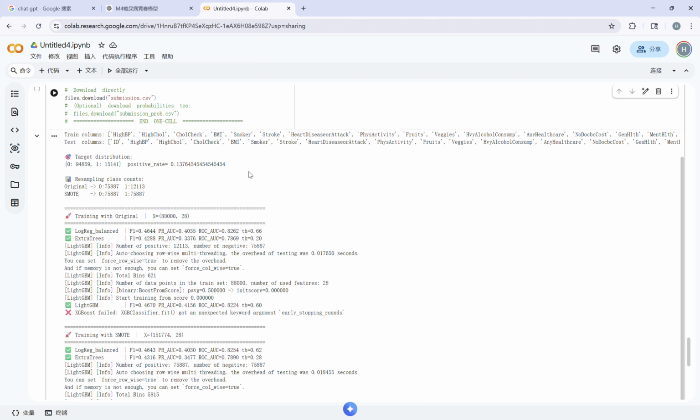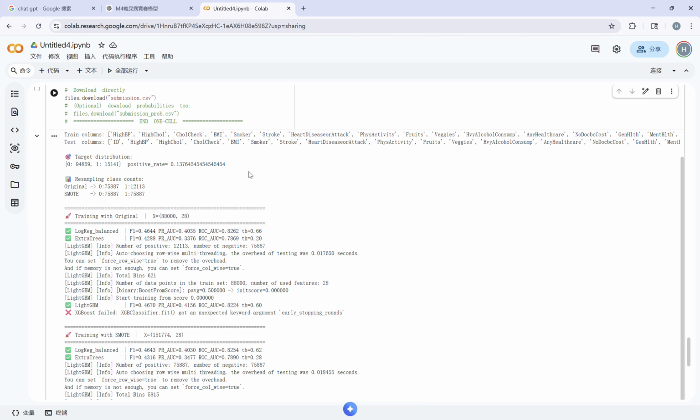After training and evaluation, the output identifies a clear winner: LightGBM trained on the original distribution. The result says that the best setup is LightGBM. It means that keeping the real-world imbalance actually produces the best validation performance.